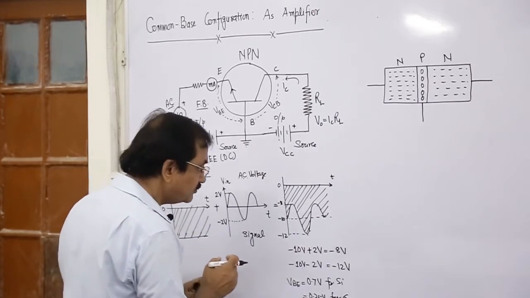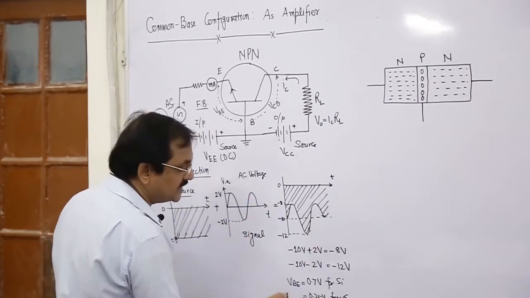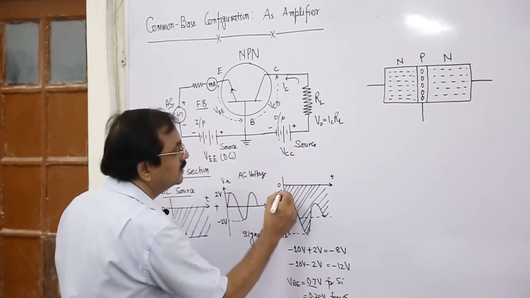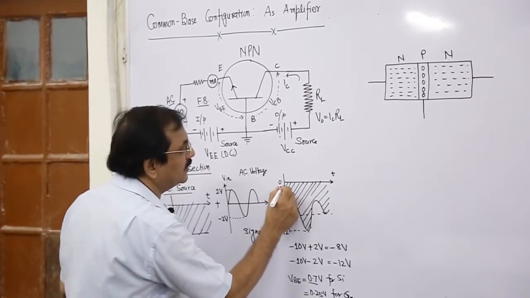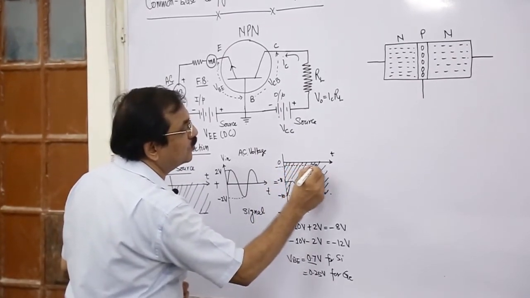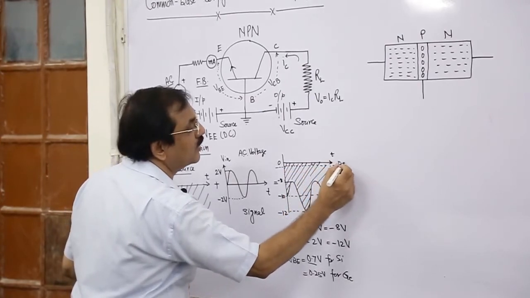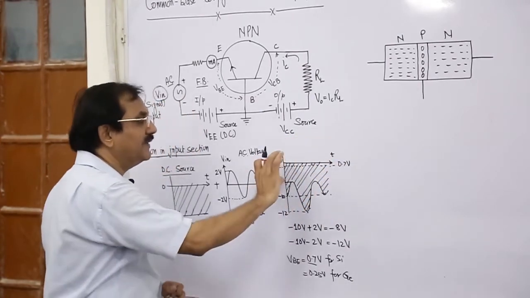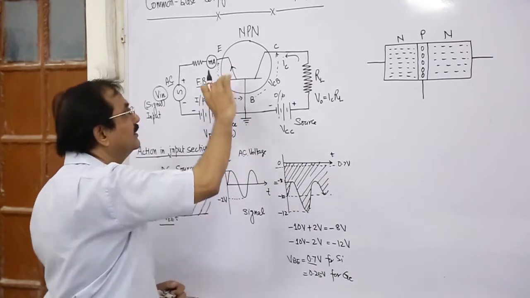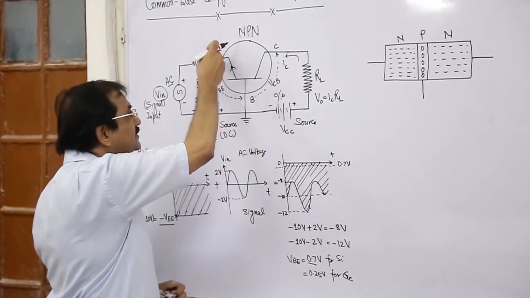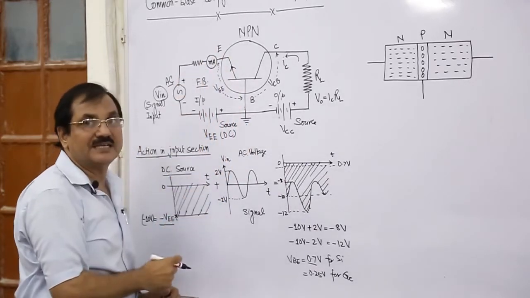Now, this value is 0.7. Suppose this line corresponds to 0.7 volt. Up to that part, this junction, the emitter junction between B and E, is a forward bias junction.